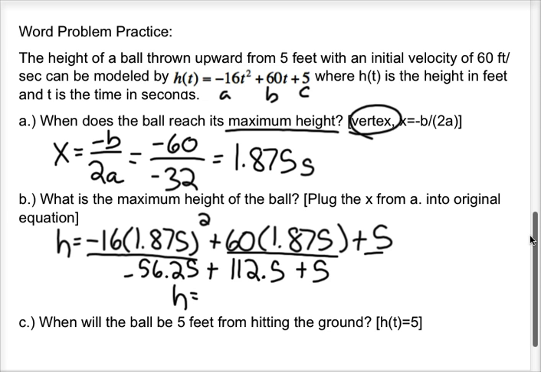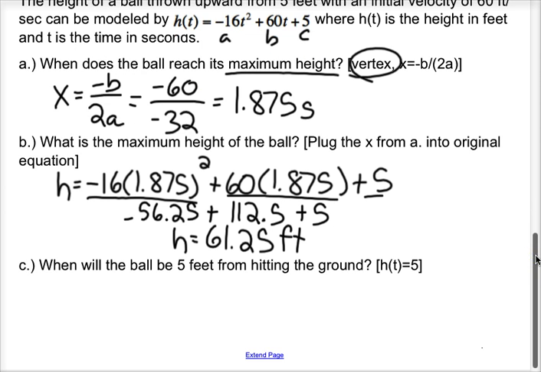Add all of those up, I'm getting a height of 61.25 feet. So again, that's what I'm getting when I plug back in that 1.875. So again, please make sure you're getting that same value as I am. And make sure you can properly plug this into your calculator.